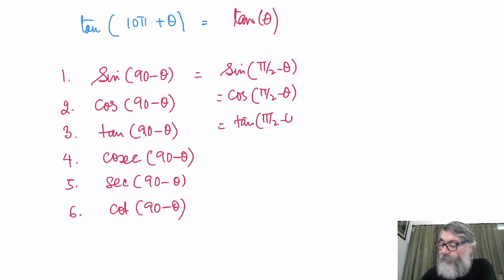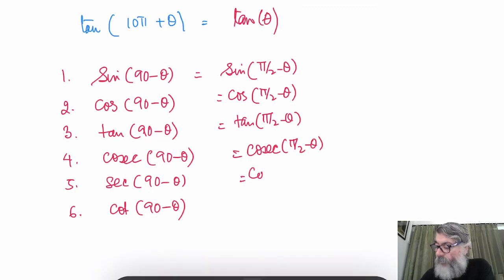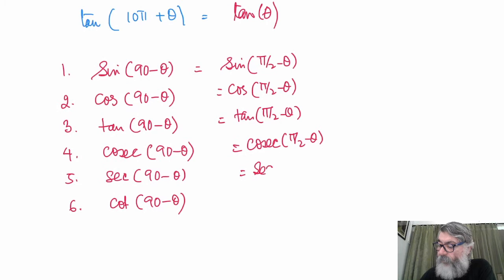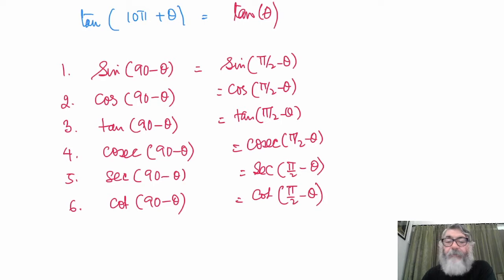Tan pi by 2 minus theta, cosec pi by 2 minus theta, sec pi by 2 minus theta and cot pi by 2 minus theta. It is one and the same thing. In the first, I have written in the form of degrees. In the second, I have written in terms of radians.